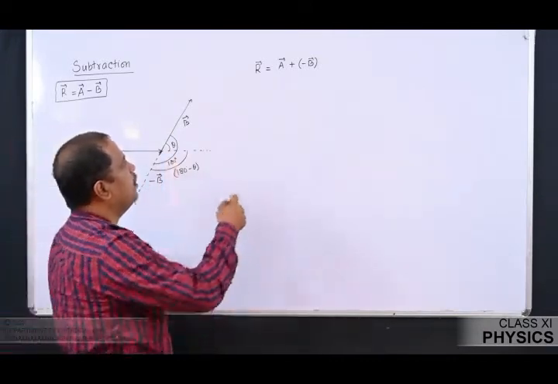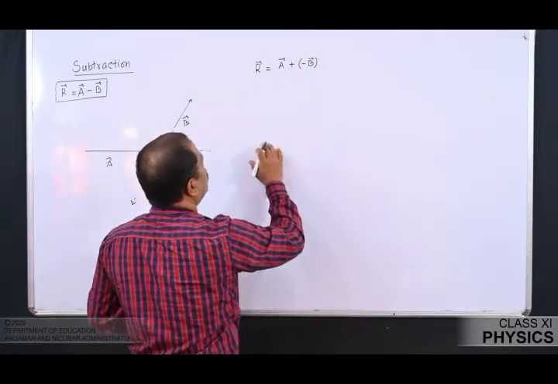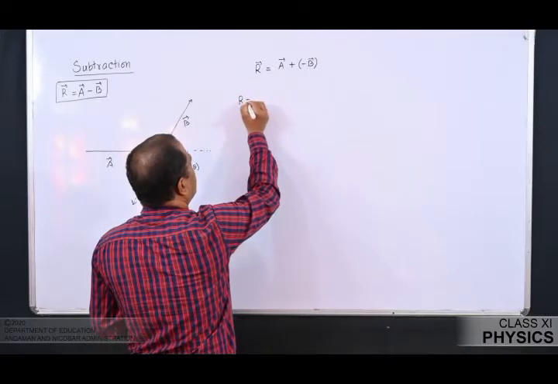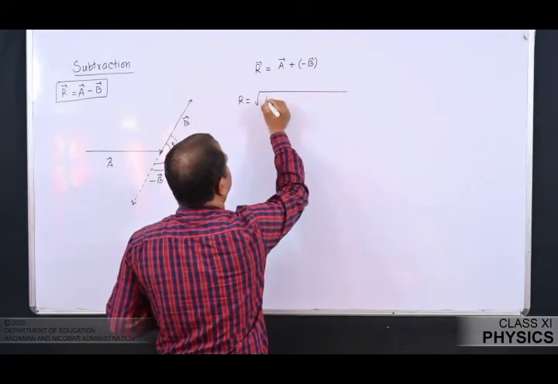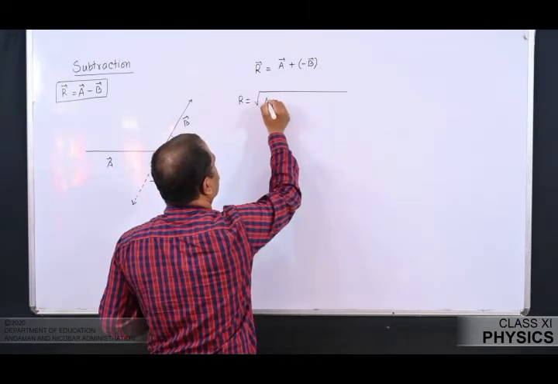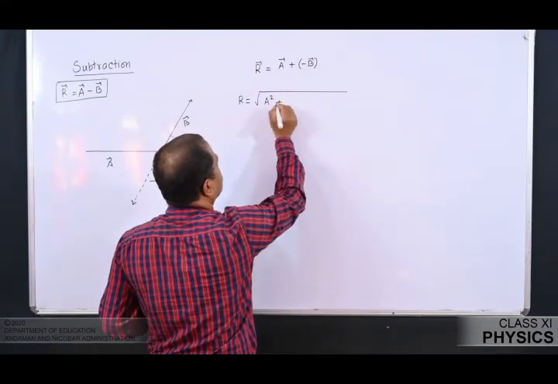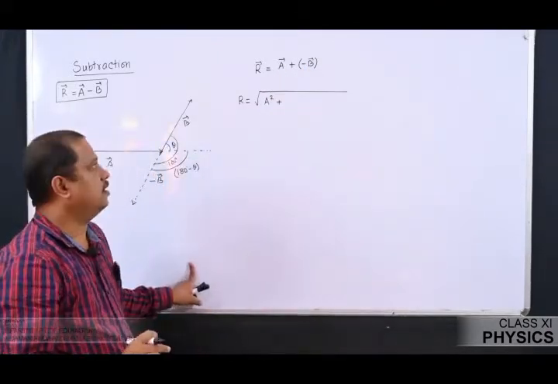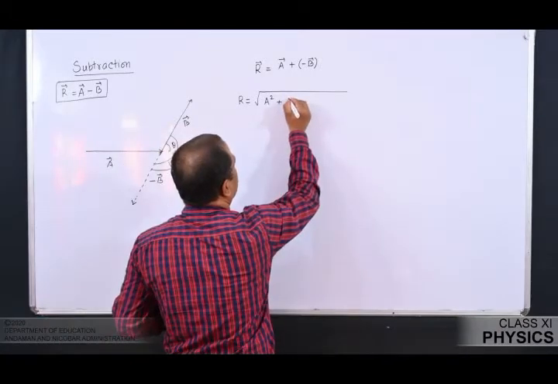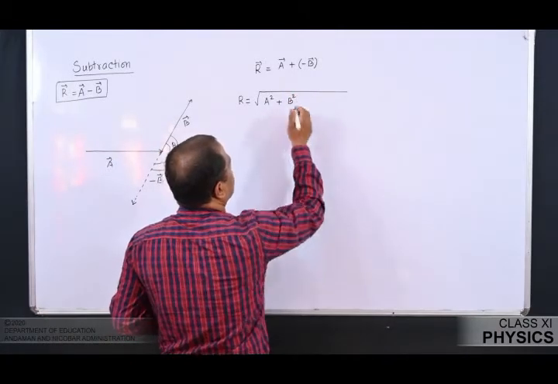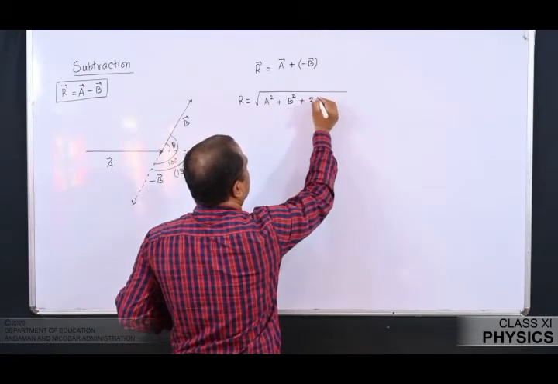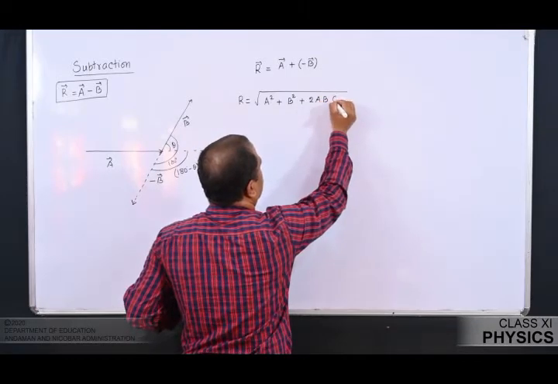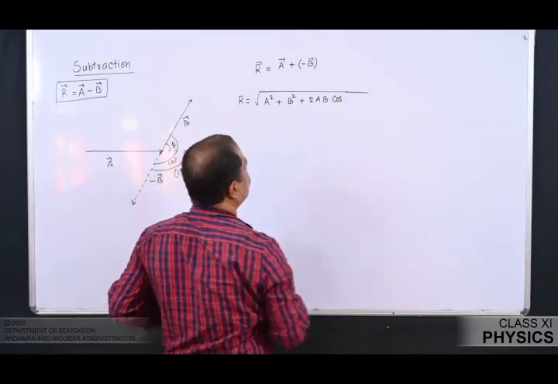Now it's very simple. You have to add the two vectors. To do so, I first want to find the magnitude, and already I have the formula. The square of its magnitude is going to be A square plus B square, since I am talking about magnitude, and negative only gives me the direction, plus 2 times magnitude of the first vector A, magnitude of the second vector B, cosine of the angle between the two vectors.